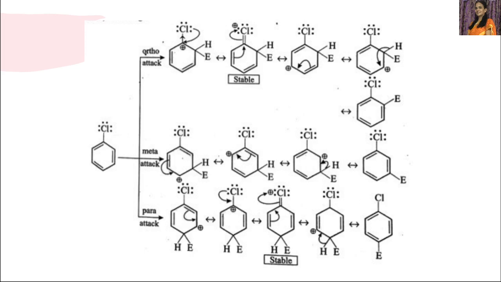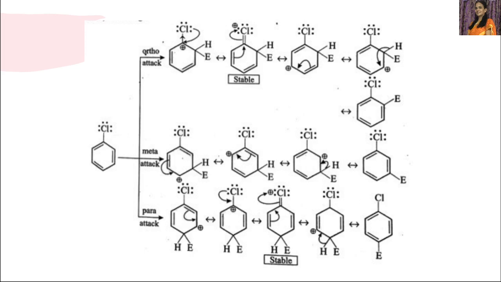We can see this chlorine, when it is present on the benzene ring, that is chlorobenzene, which we considered here as the monosubstituted benzene. And here, if the electrophile goes to ortho position, what happens? Let's see. Okay. Now, the electrophile, with the help of the pi bond electrons, forms a sigma bond with this particular ortho carbon, that is the second carbon, and the adjacent carbon gets the positive charge.